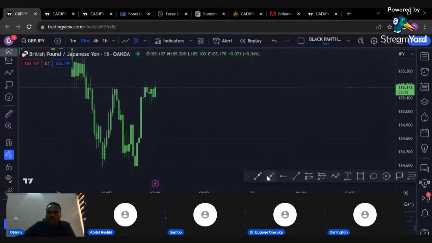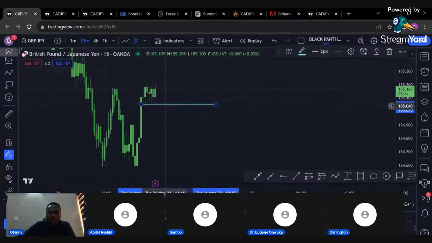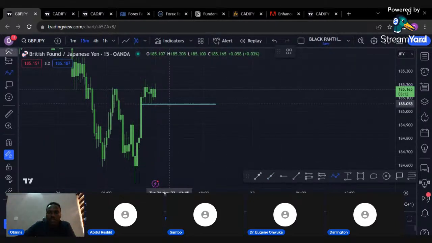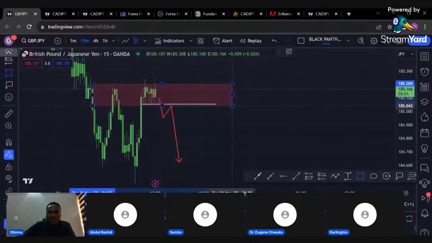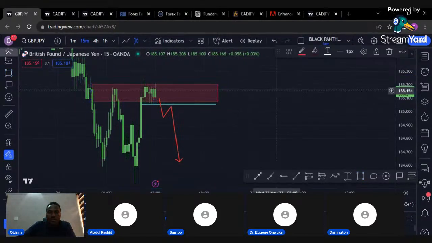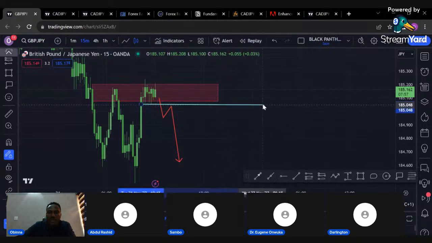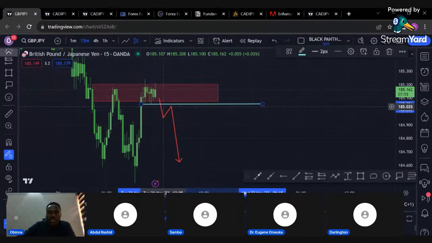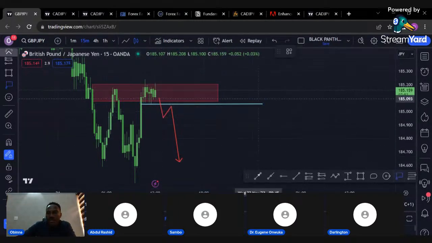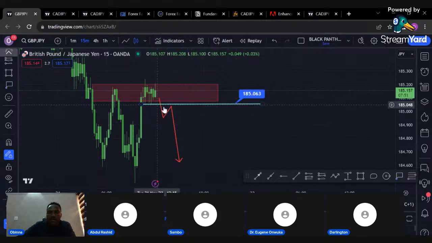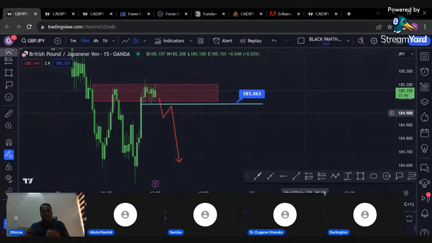So for the 15 minutes time frame, I'll say let price break this area. So you want to see this reaction area, you want to see price break here, retest to look for sales down here. But I won't be doing anything around this place for GJ. So I'd rather see that price breaks this reaction area to show that the sellers are back into the market. So that's what I want to see.